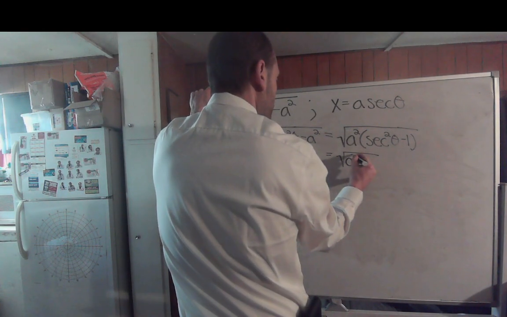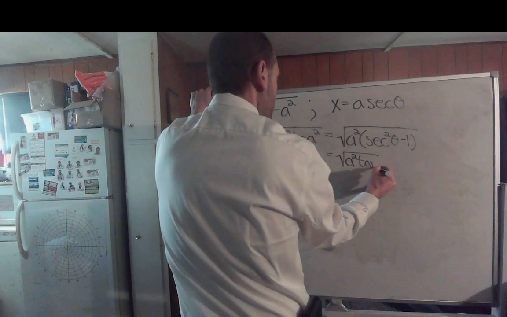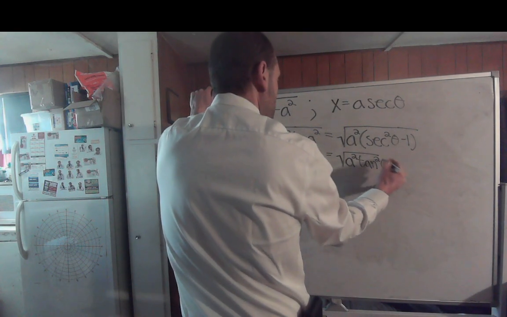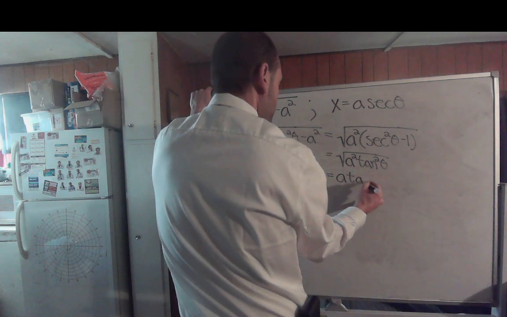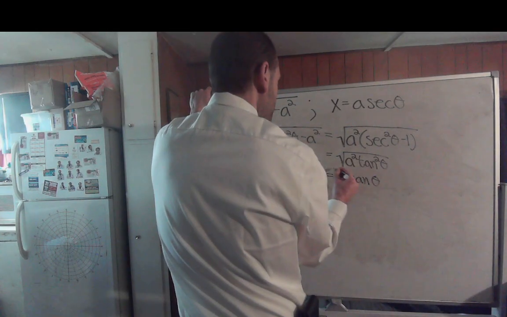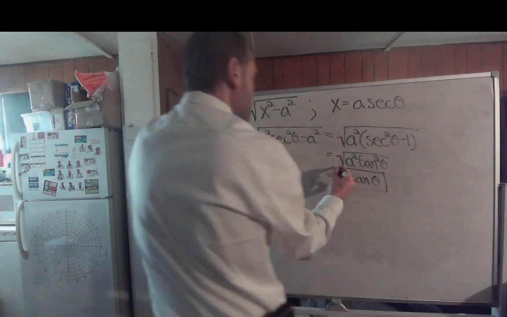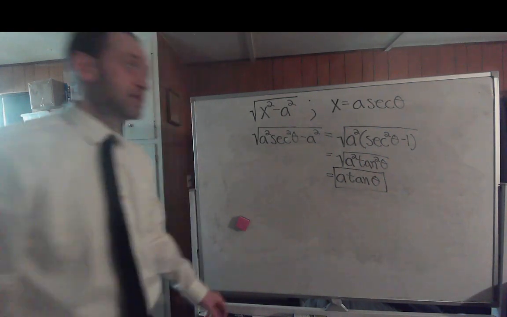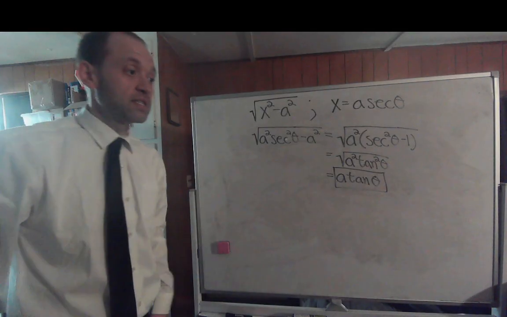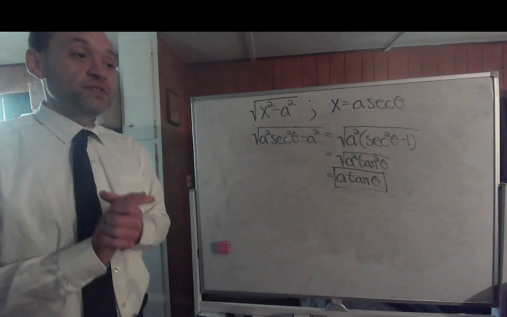So you get the square root of a squared tangent squared of theta, which the square root of all that would just give you a tangent of theta. So pretty much all the trig substitutions are based on Pythagorean identities, and these come up all the time in calculus. But that's it for this lesson.